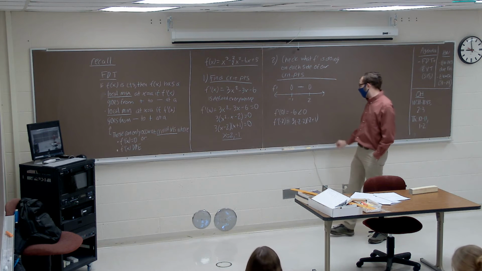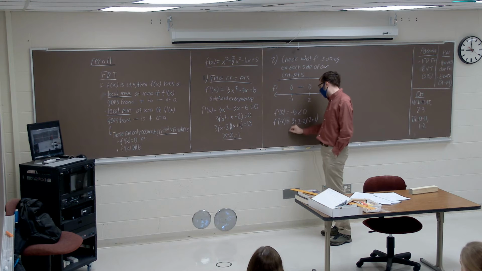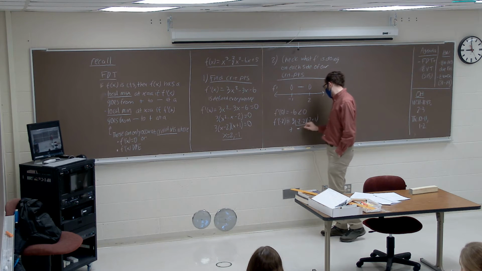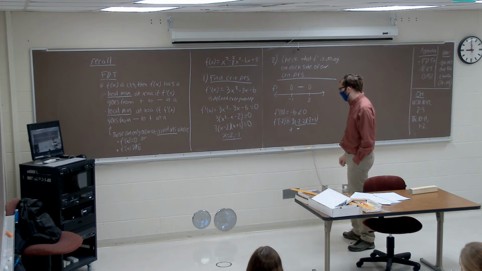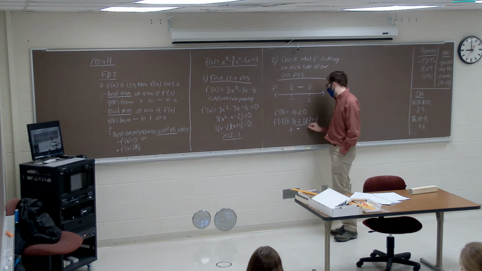And if we do that, we're going to find out that we're going to get a positive number here, a negative number here. -2 minus 2 plus 1. We're going to get a negative number here.